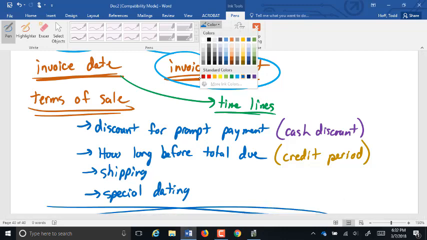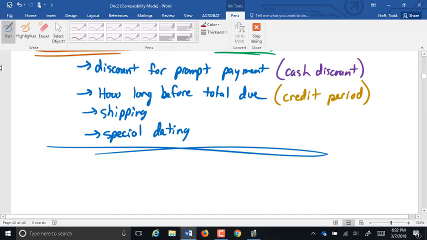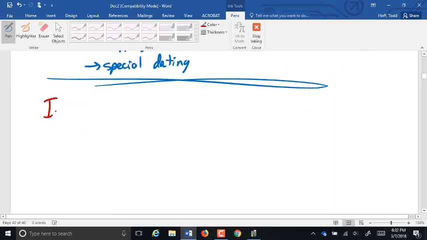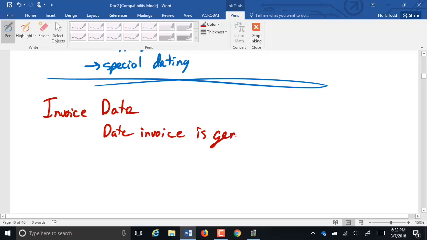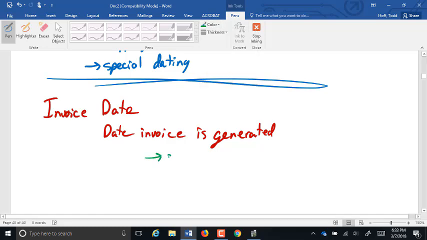So the only part we've really specified so far is that the invoice amount is that net price coming out of the cash discount. The invoice date is fairly self-explanatory. That is the date that the invoice is generated, and that typically coincides with shipping.